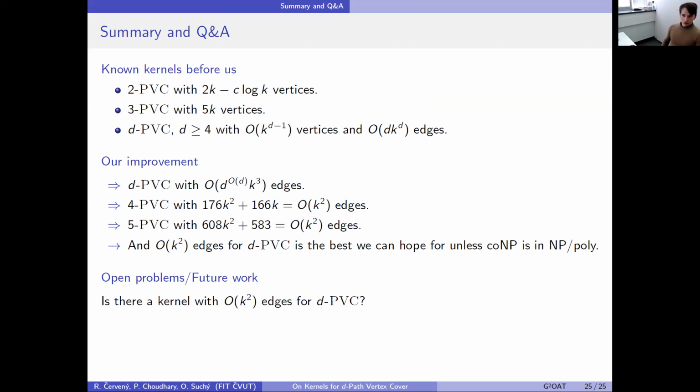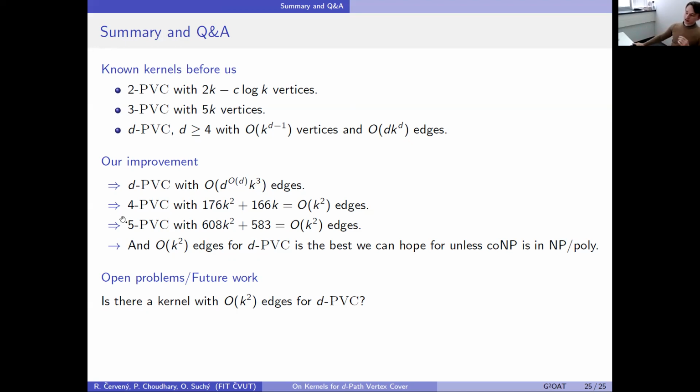So it's up to you to somehow discover if there is also a quadratic kernel for dPVC. We did not know how to do that, and if you somehow go over the technique that we used for the general kernel, you will find that there are some obstacles that make it problematic.